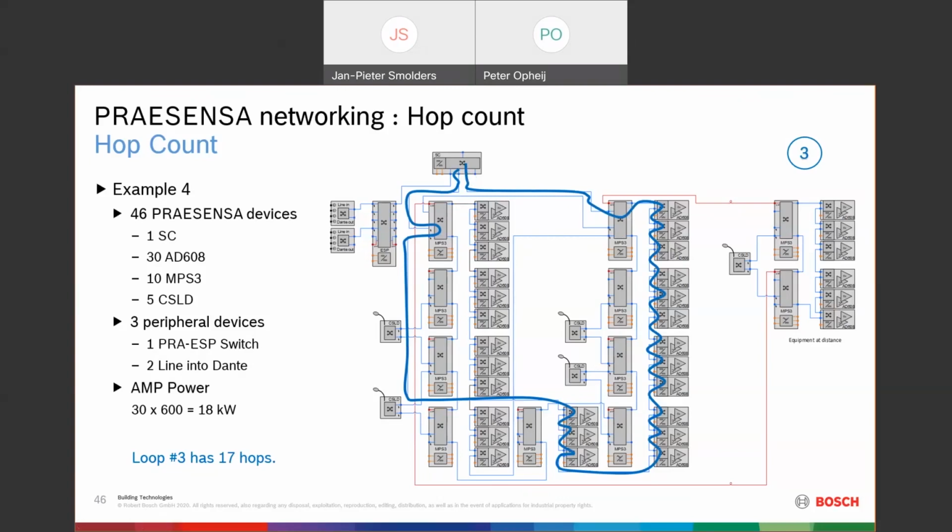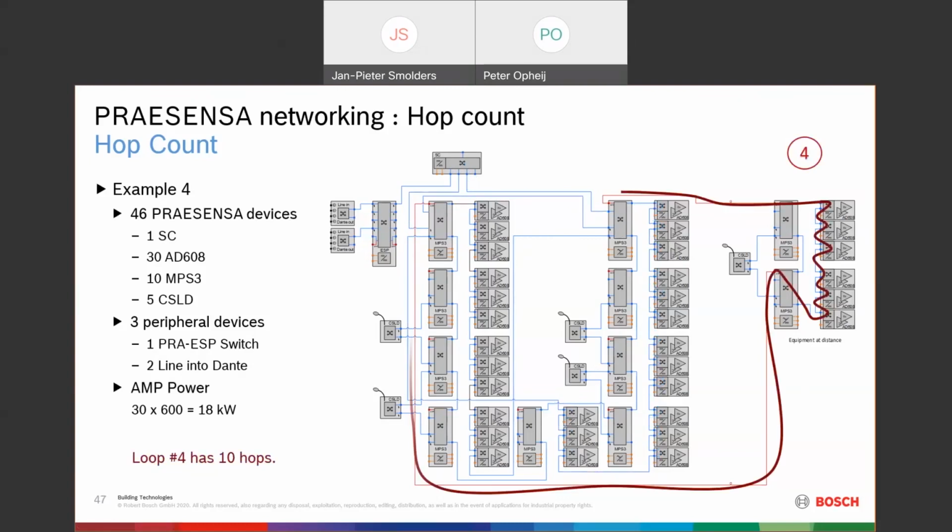But there is another loop here, and that is this remote system, that is connected via 2 glass fibers. You see this loop has only 10 hops, via the amplifiers. And of course, the shorter route in this system is via this cable.